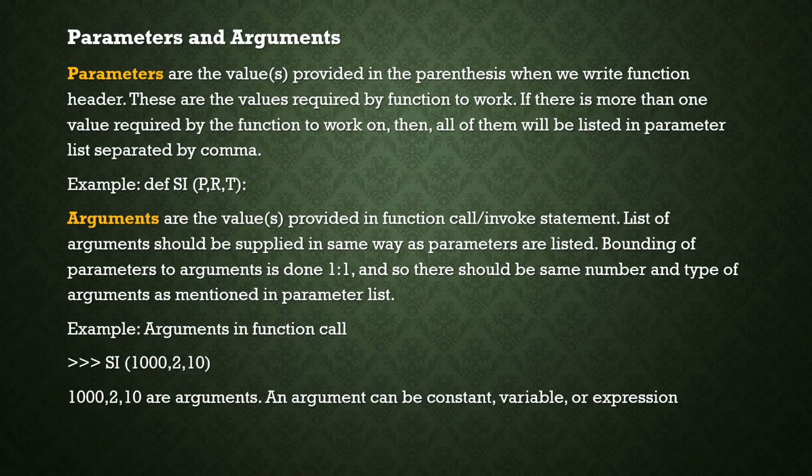P represents 1000, so the data type should be the same. R represents 2, here also the data type should be the same. T represents 10, the data type should be the same. And one more thing is the number of arguments. In the function header there are 3 parameters, and in the function call that should be the same, that means 3 arguments should be there.